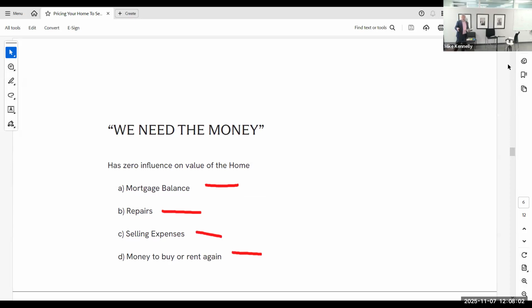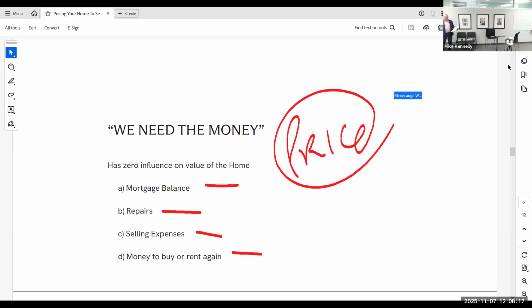Are you buying again or are you renting? The market is logical. It's not emotional, right? You understand that? The market's all about, again, all about price, Mr. Seller. Again, okay? Next slide, please.